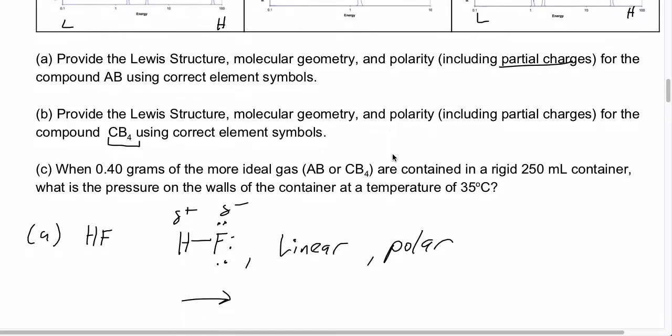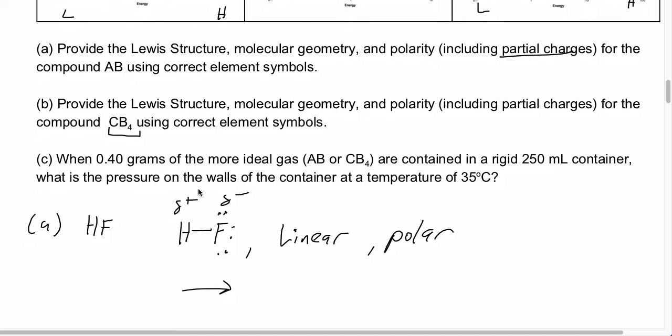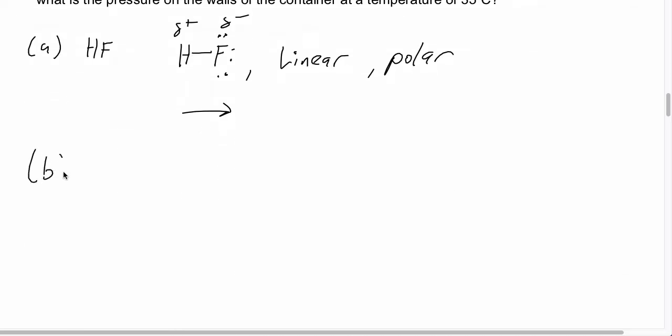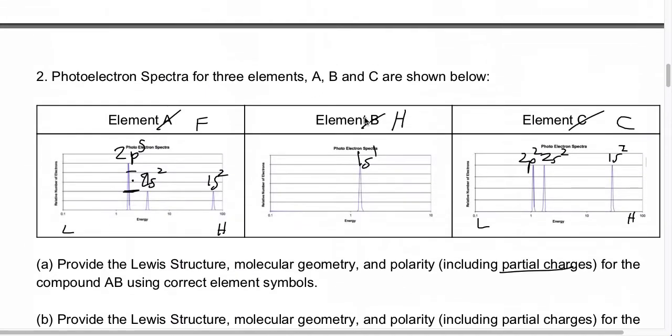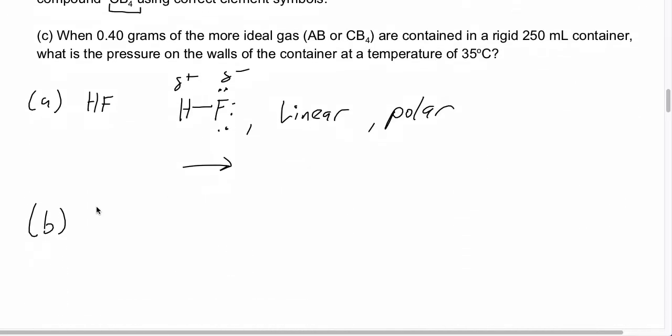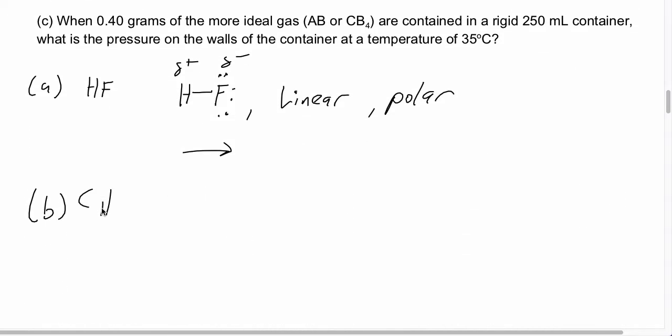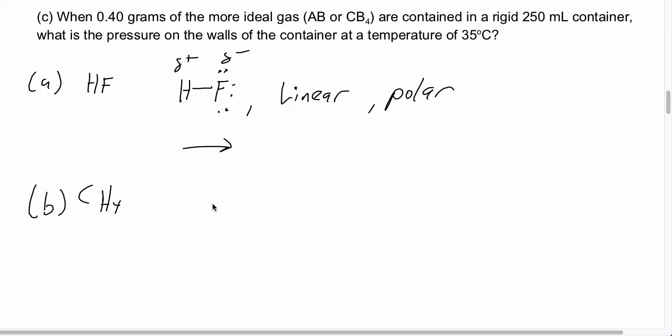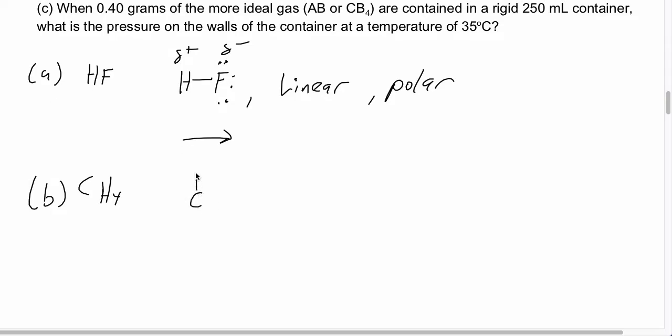Okay? Provide the Lewis structure, molecular geometry, and polarity for CB4. Well, we know that B is H, and that's C. So CH4, that's methane. Want minus have divided by 2 should give you a structure like this.